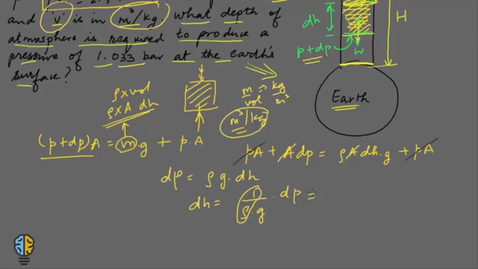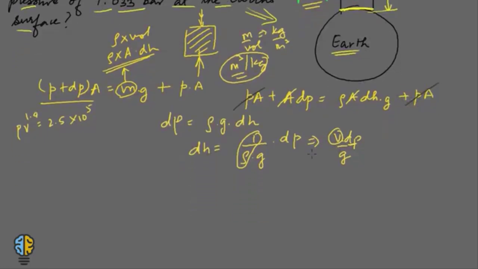So this becomes V into dP upon G. So 1 by rho becomes V. Now the relationship between V and P was P into V to the power 1.4 is equal to 2.5 into 10 to the power 5. Now I need to get the value of V in terms of P, because the integral is with respect to P.